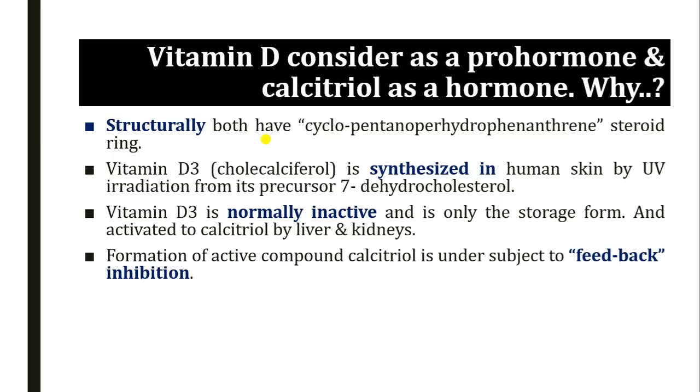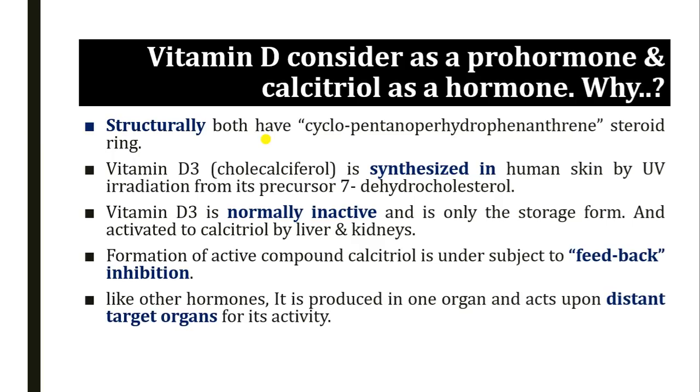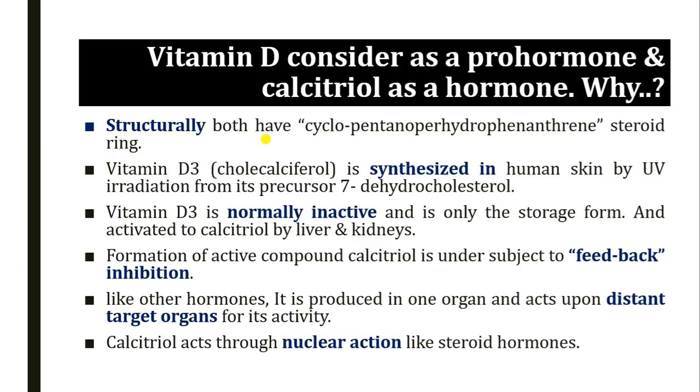The formation of the active compound, calcitriol, is under feedback inhibition like the hormones. Like the hormones, it is produced in one organ and acts on other distant target organs. So it's a characteristic of a hormone.